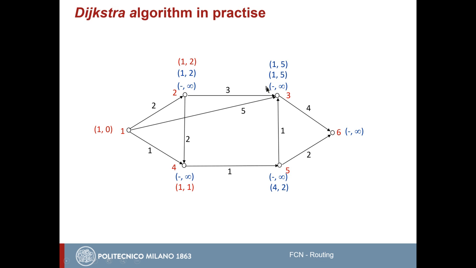So now we have the set of nodes which are not in P. We have to consider the neighbors of the nodes in P, and the neighbors are again node 3 and node 5. Node 6 doesn't have any direct connection with the nodes in P. So we should update only node 3 and node 5.